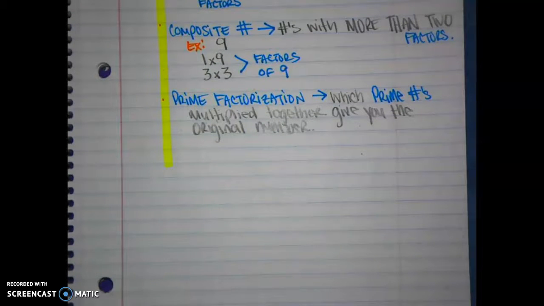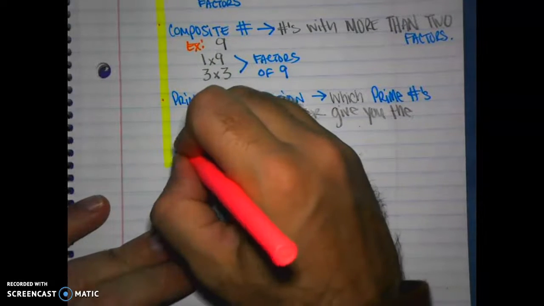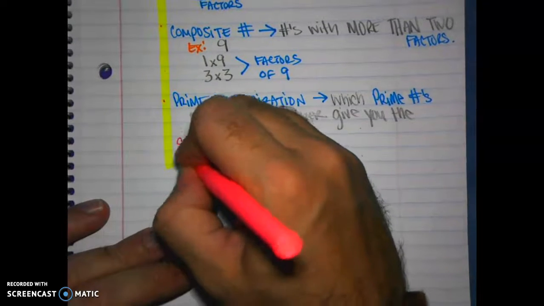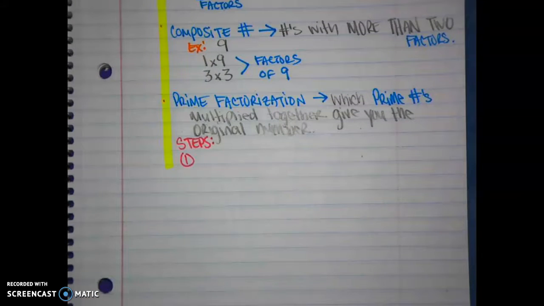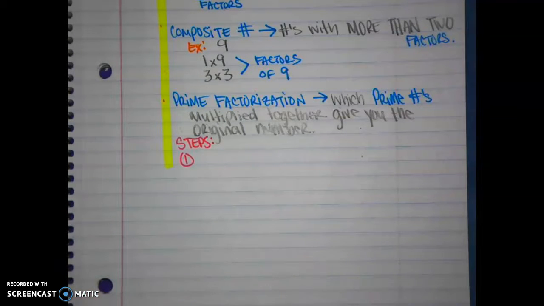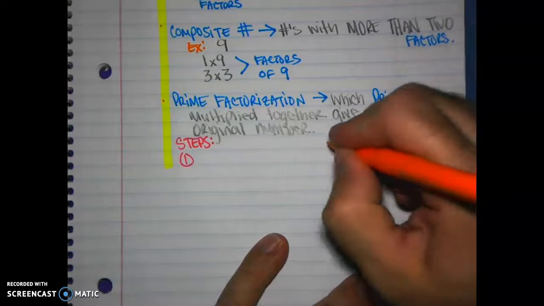Let's talk about the steps that we have for these. Like I said, if I'm going too fast, pause it. Okay, just pause the video. So number one, first step is you want to pick any 2 factors of a number. So let me simultaneously do an example on this side.